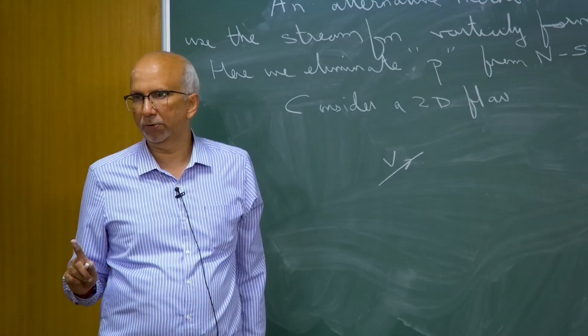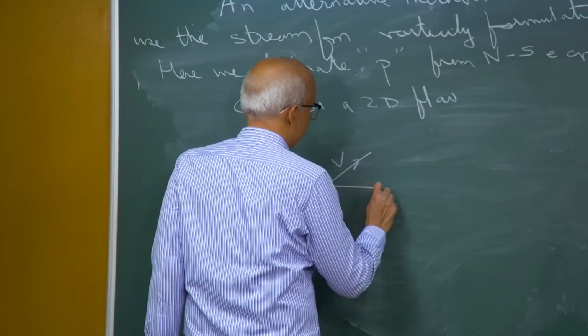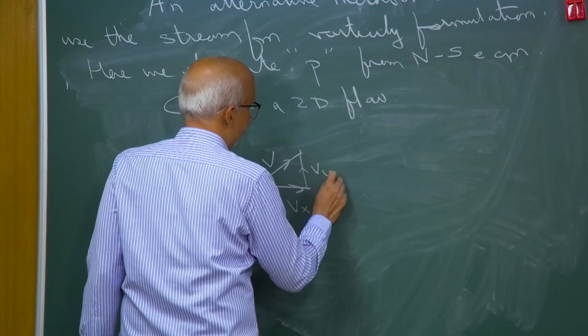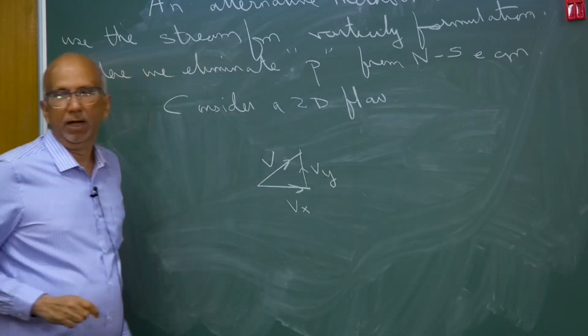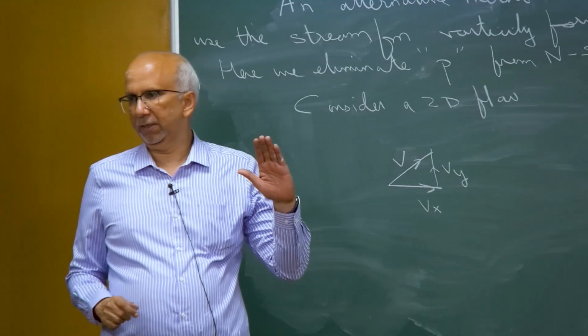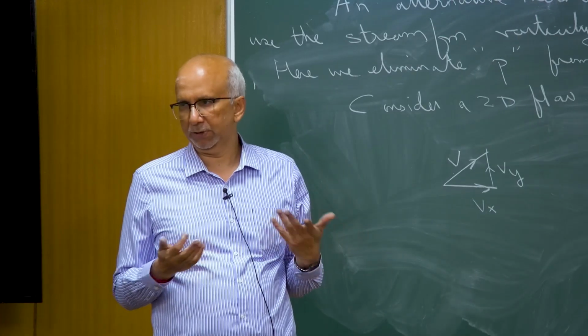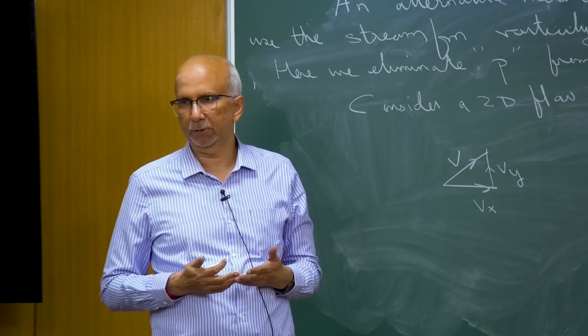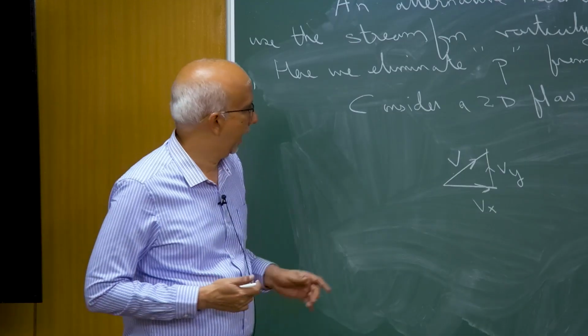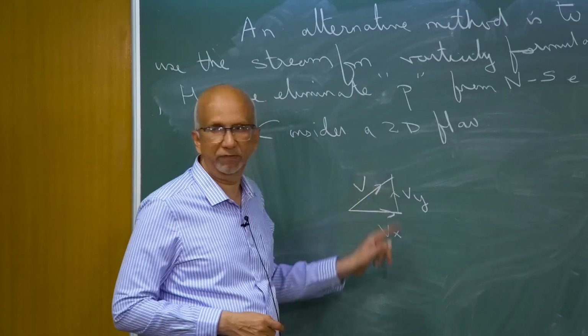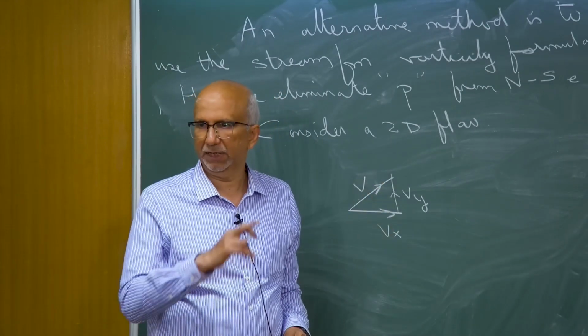This has two components now, a Vx component and a Vy component. At each point the velocity can be arbitrary; both x and y components exist, because that is what a 2D flow is. At any point, if you have the velocity vector, I can resolve it in the x direction and the y direction.